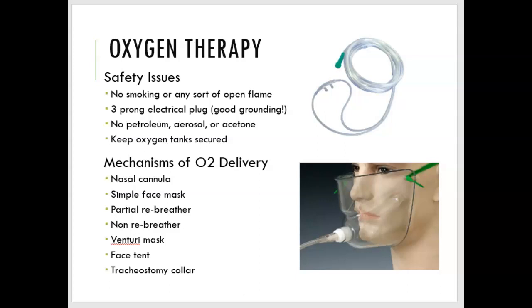Another consideration is keeping oxygen tanks secured, and this applies to hospital, home, and clinics. They need to be standing and hopefully in some kind of upright holder. They need to be vertical in storage.